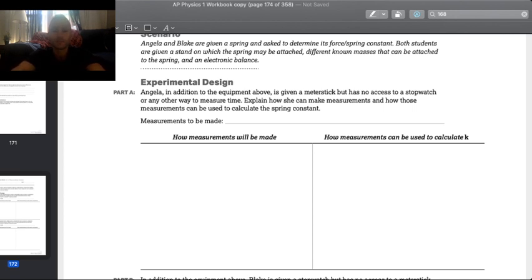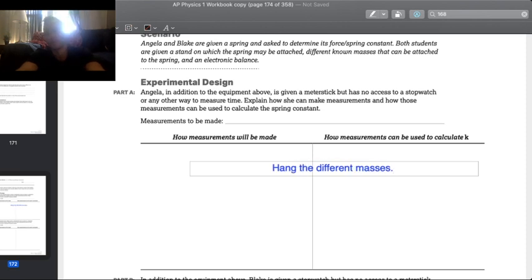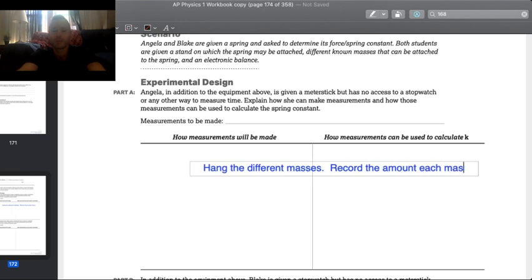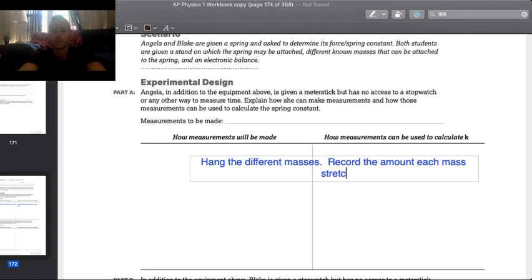So basically, what you would want to measure, I'm just going to write it all in one big paragraph. So what I would say is: hang the different masses, record the amount each mass stretches the spring in equilibrium.